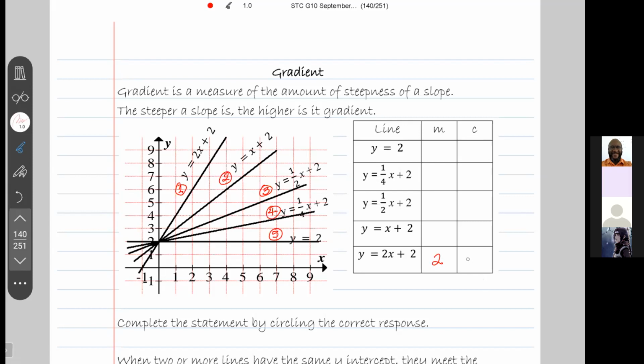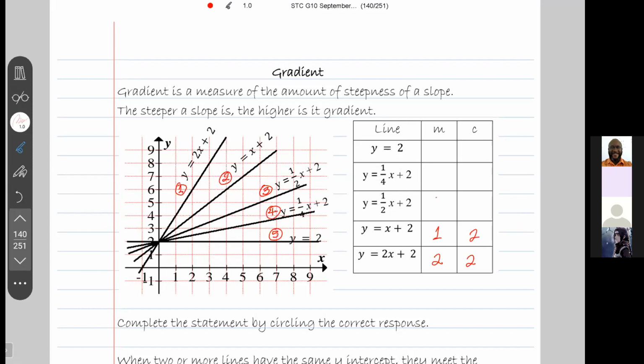The y-intercept is 2. For line number 2, what is the gradient? Let me call names because nobody seems to be answering. Line number 2, Joanna, what's the gradient? 1. Very good. What's the y-intercept? 2. Anaya, line number 3, what's the gradient? A half.